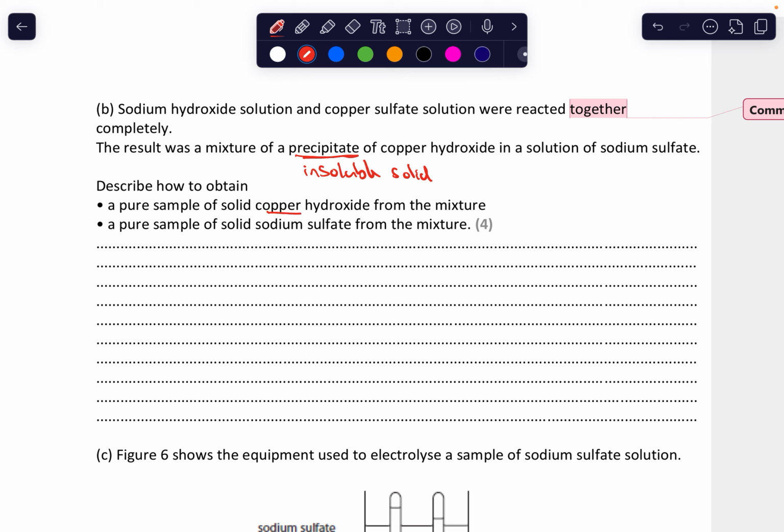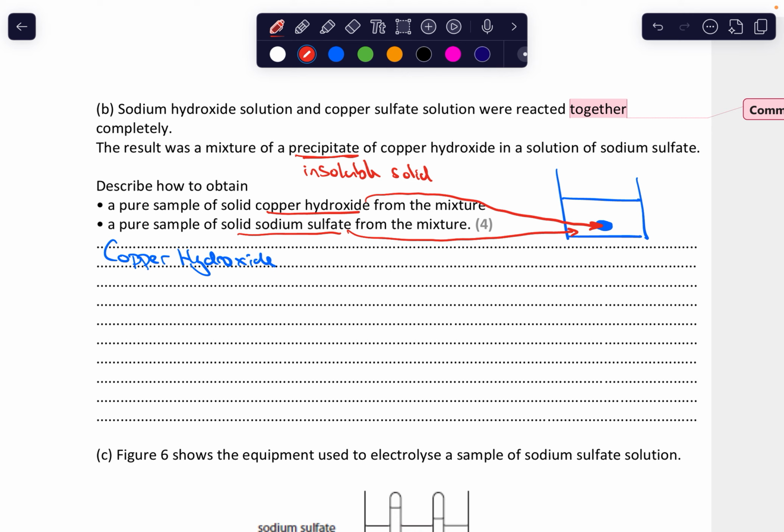This solid here is the copper hydroxide, and then the solution is sodium sulfate dissolved in water. Okay, so let's get rid of the copper hydroxide first. So how do you get rid of an insoluble solid? The first thing you would do is filter the mixture.